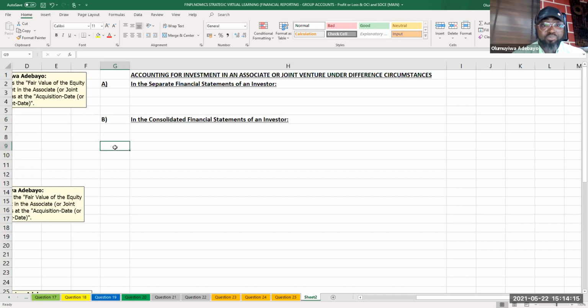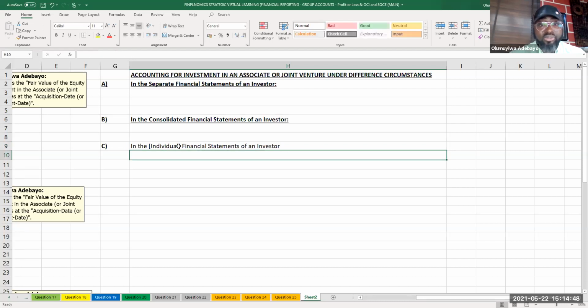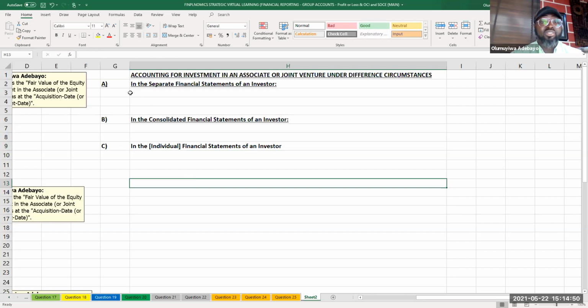And C, in the individual financial statements of an investor. What is unique between individual, separate, and consolidated? Who will assist me with this first?